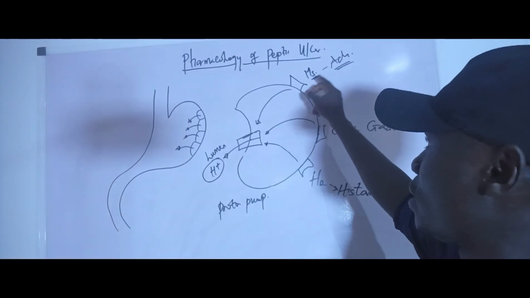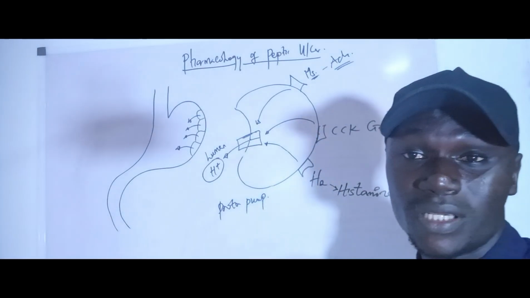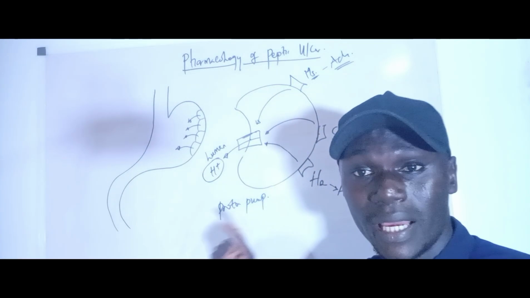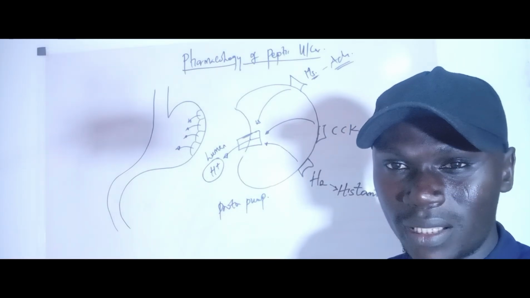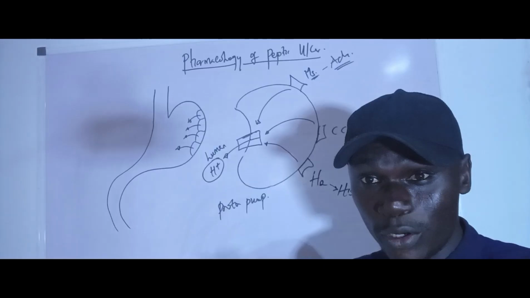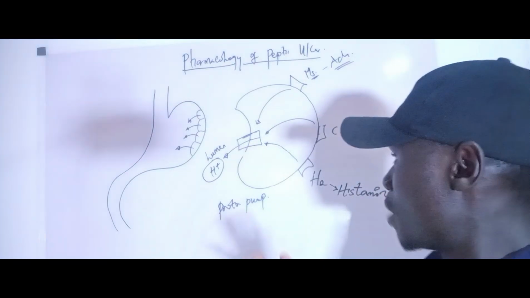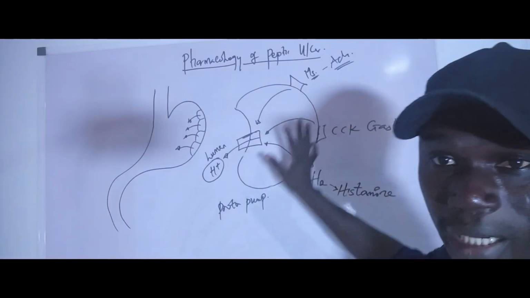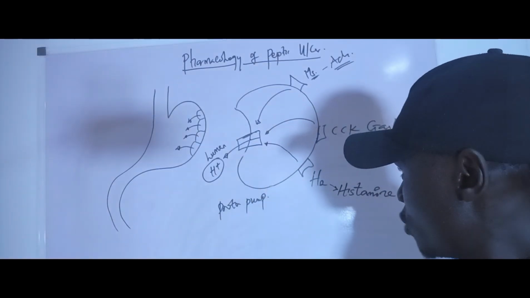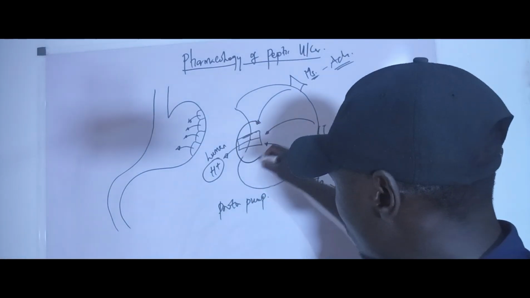Then when acetylcholine stimulates the M3 receptor, again signal will be sent to the proton pump. So the drugs we will use to manage peptic ulcer disease should be able to inhibit these mechanisms.